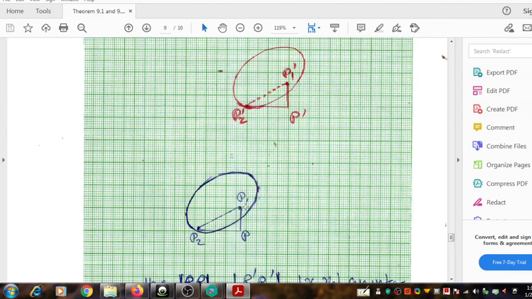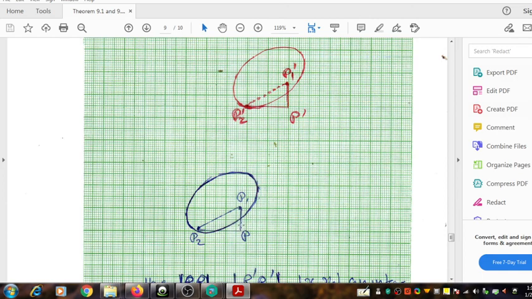Those points, in the original set, are named P1 and P2. So the points are translated to P1 and P2 in the original set, and hence the point of intersection will also get translated to a new point of intersection P. All these translations are quite natural, and there is no doubt.